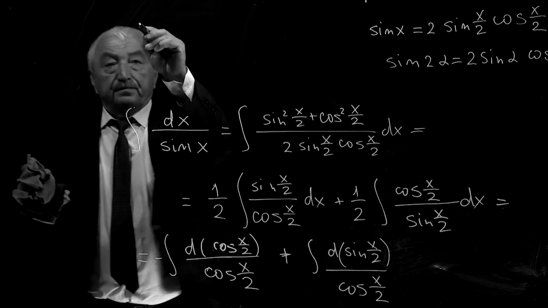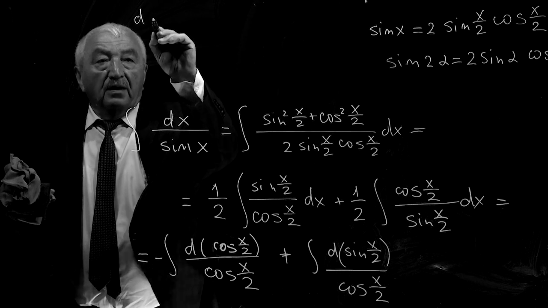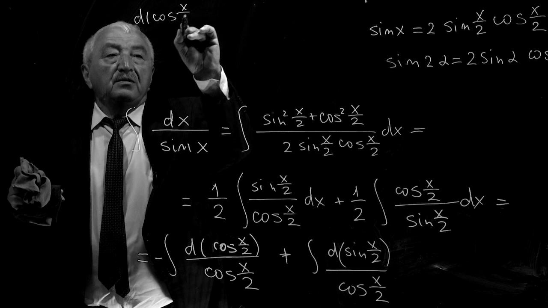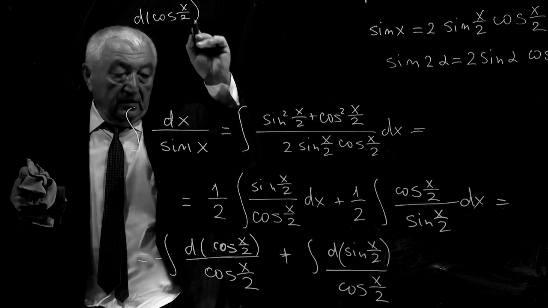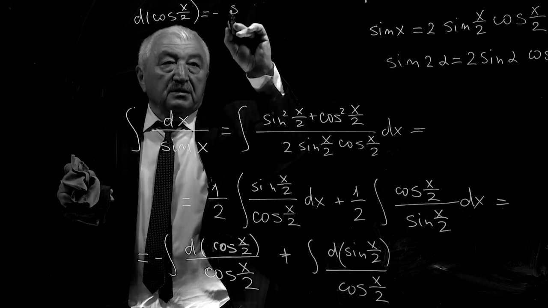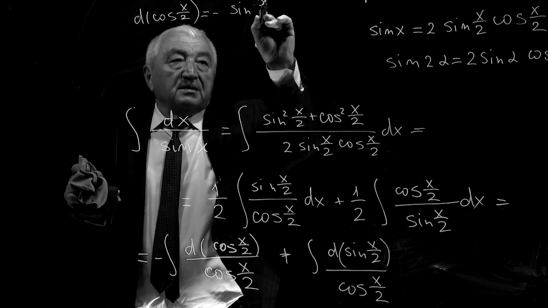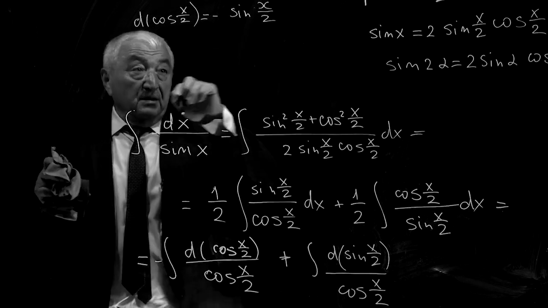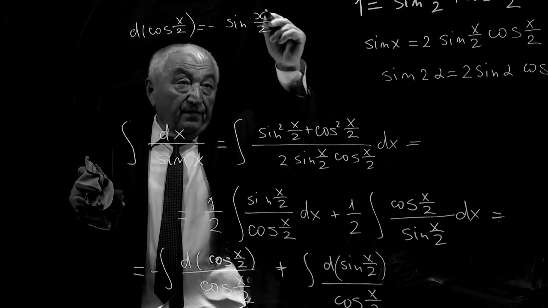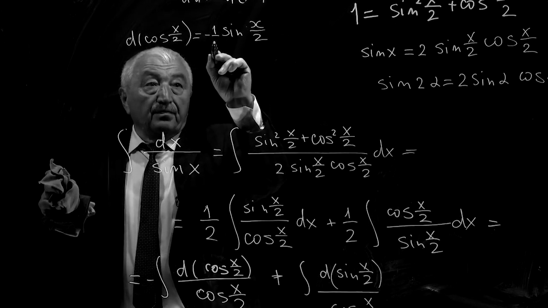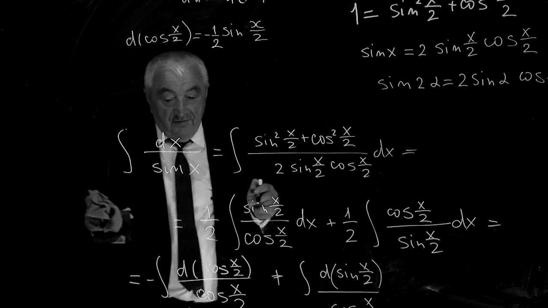So d cosine x divided by 2 is equal to minus sine x divided by 2, because the derivative of cosine is equal to minus sine, and the derivative of x divided by 2 is 1 divided by 2. Then we get such equations.